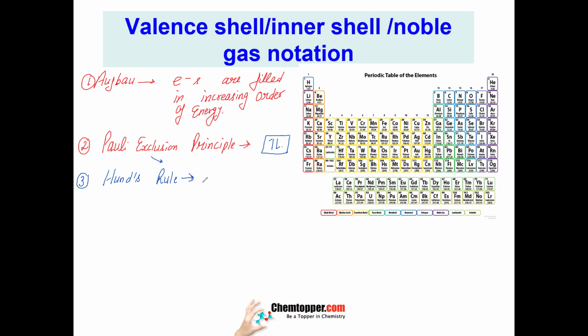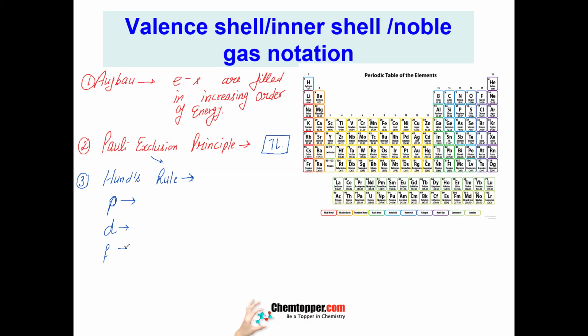Yesterday I said, focus on degenerate orbitals. Orbitals of the same energy. Very good, Shriya R. So in the p subshell, how many degenerate orbitals are there? In d subshell? In f subshell?